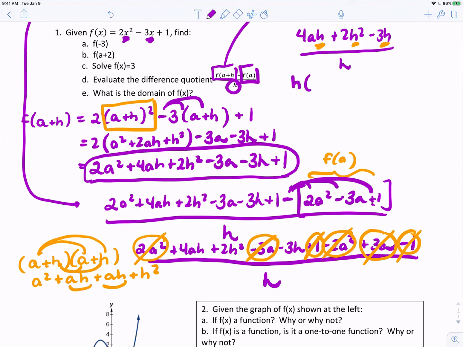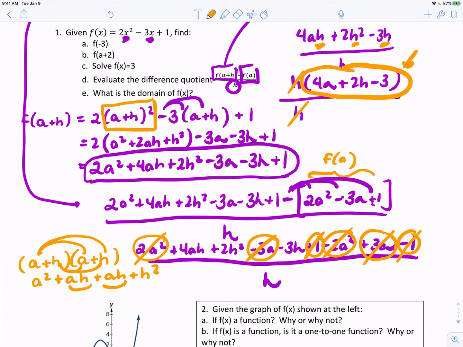So this would be the same as h times (4a plus 2h minus 3), all divided by h. And now the reason we factored out the common factor is that we see that h over h is equal to 1. And so our final answer is just going to be 4a plus 2h minus 3. And that's a difference quotient.